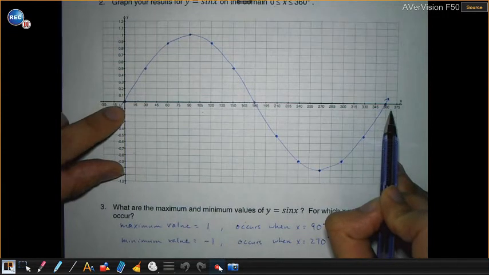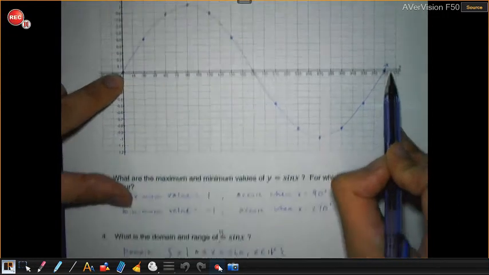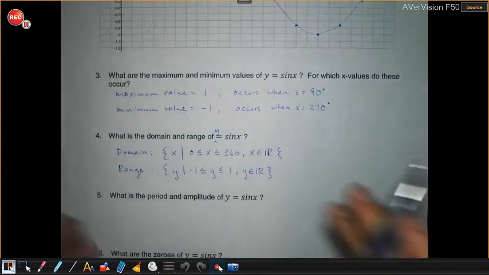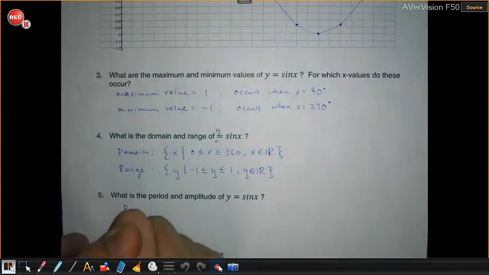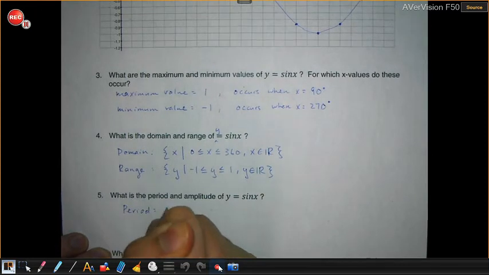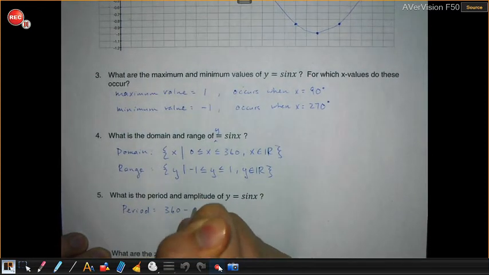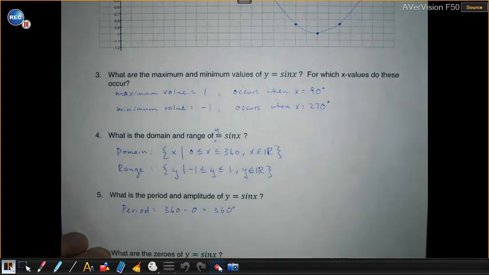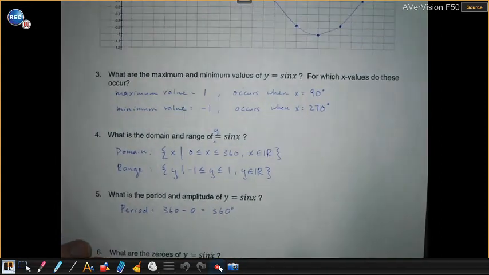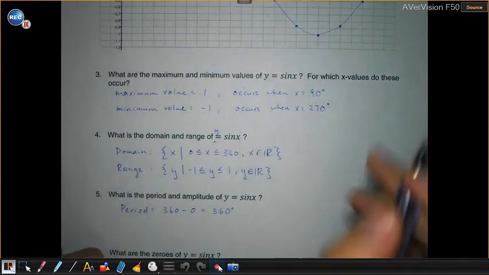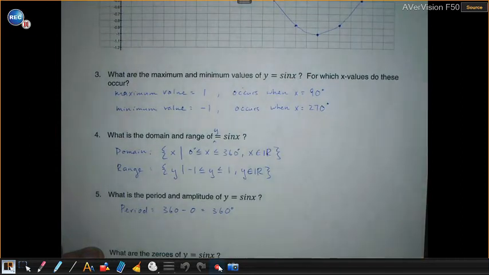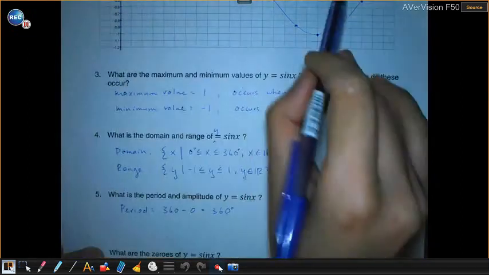When we figure out the length, we're subtracting the x values. So the period would be 360 minus 0, so it's just 360 degrees. And I should add the degrees here too, because the x is in degrees.